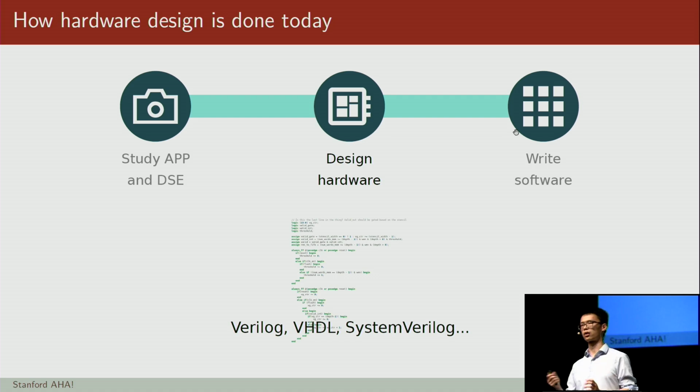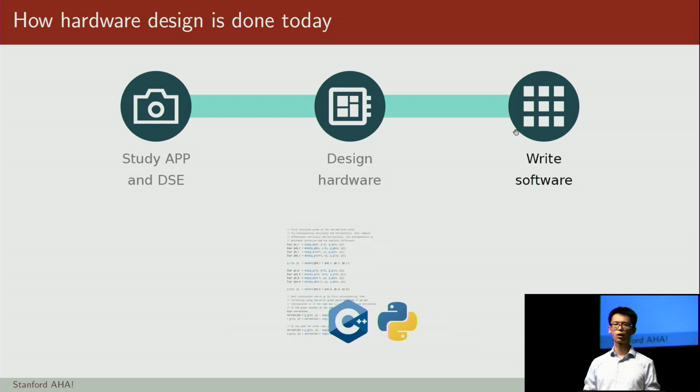Those designs typically incorporate external IP blocks provided by vendors such as Cadence or Synopsys. Once the hardware interface is decided, the software engineers are going to write software such as firmware, drivers, and compilers to support the hardware, as well as applications running on top of those toolchains.